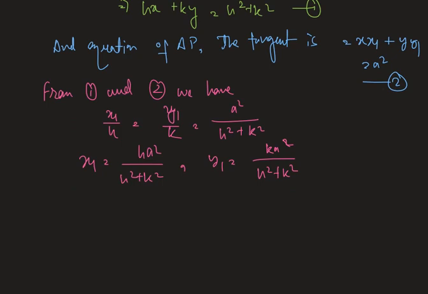But these values of x1 and y1 we have to put in this straight line named Lx1 plus My1 plus n equals to 0.